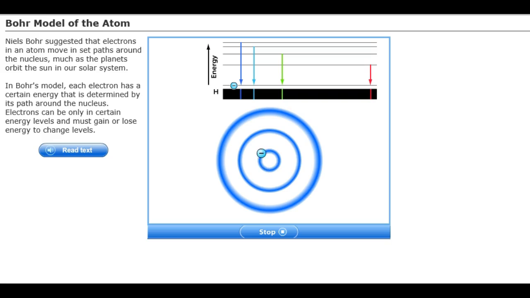When the electron is in one of these orbits, the atom has a definite fixed energy. While in an orbit, the electron can move to a higher energy orbit by gaining an amount of energy equal to the difference in energy between the orbits. When a hydrogen atom is in an excited state, its electron is in a higher energy orbit. When the atom falls back from the excited state, the electron drops down to a lower energy orbit, and a photon is emitted. The emitted photon has an energy equal to the energy difference between the higher energy orbit and the lower energy orbit.